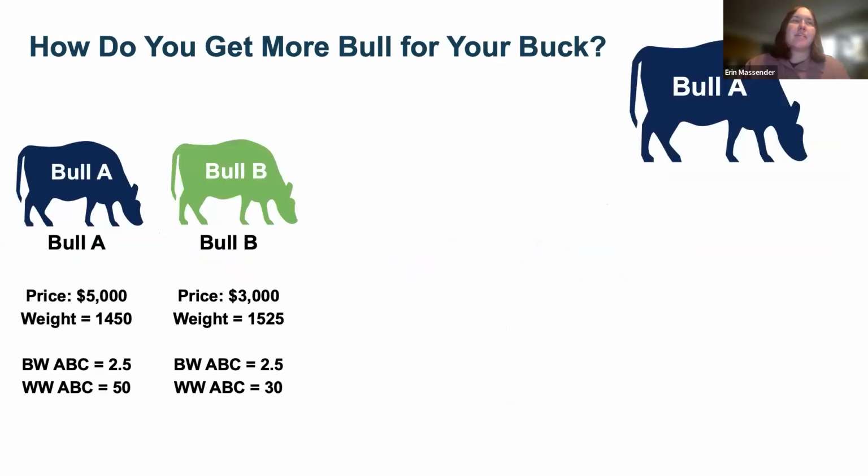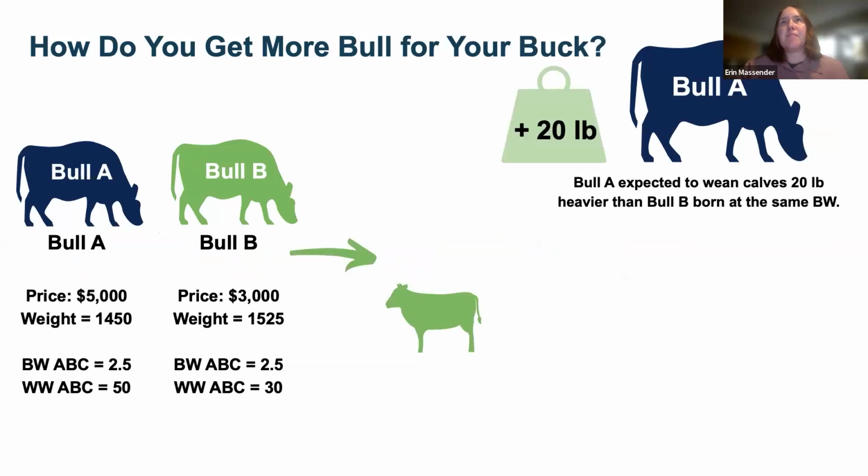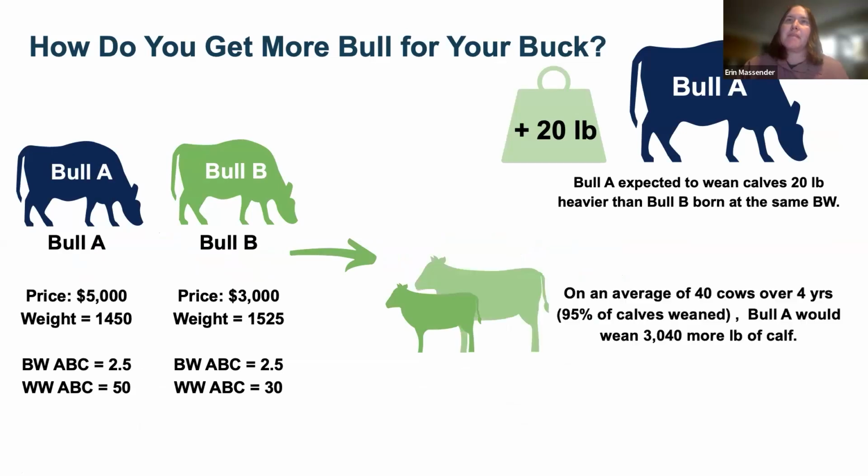So there's a little bit of math here, and we do have some spreadsheets. If anyone wants, feel free to reach out. We have some spreadsheets that help you with evaluating this for bulls you're considering. But bull A with that plus 20-pound weaning weight EPD is expected to wean calves 20 pounds heavier than bull B when they're born at the same birth weight.